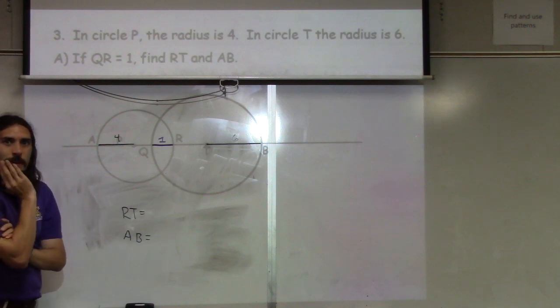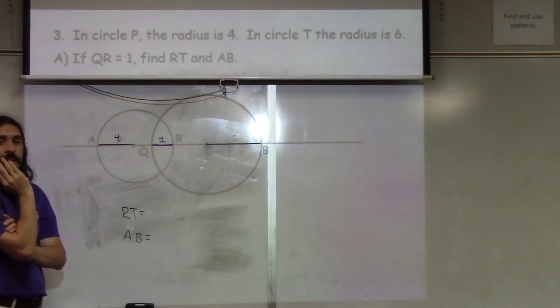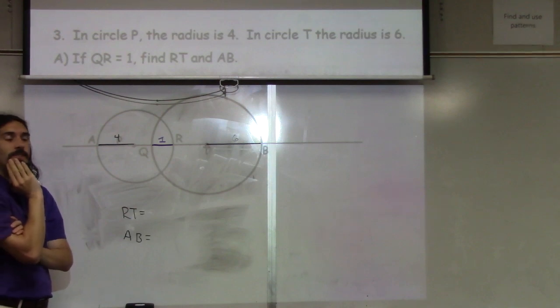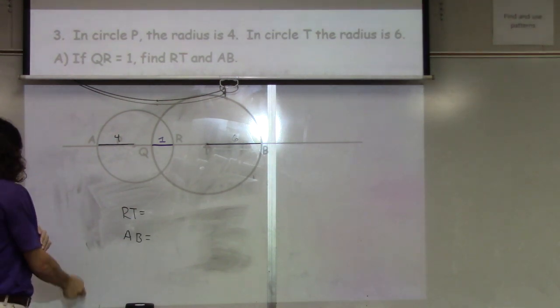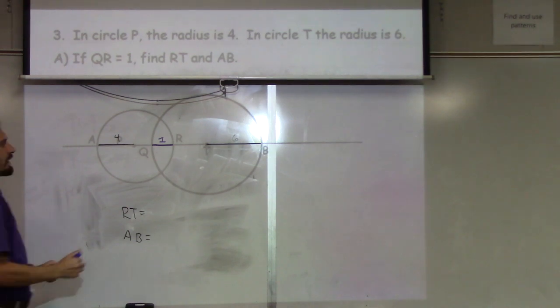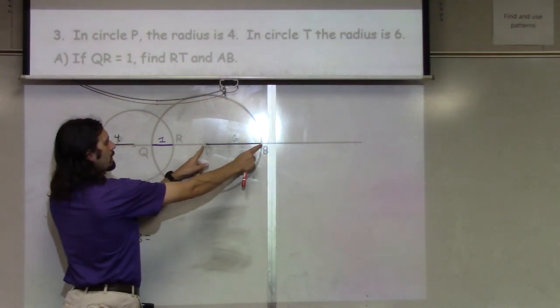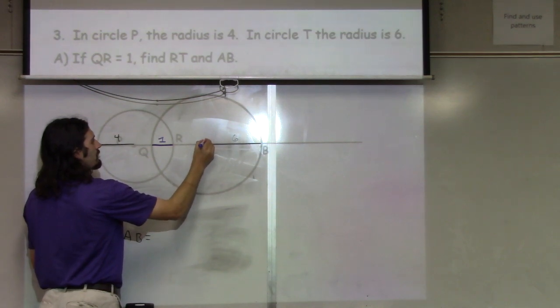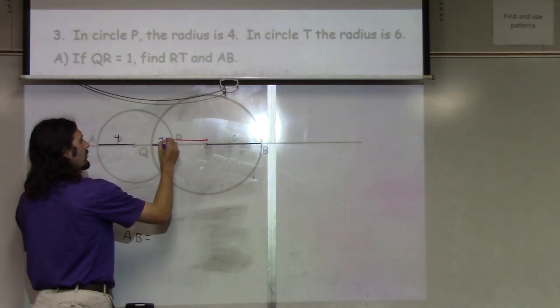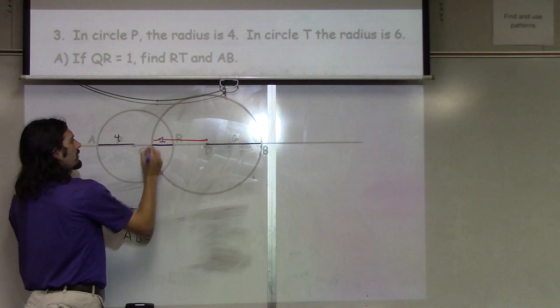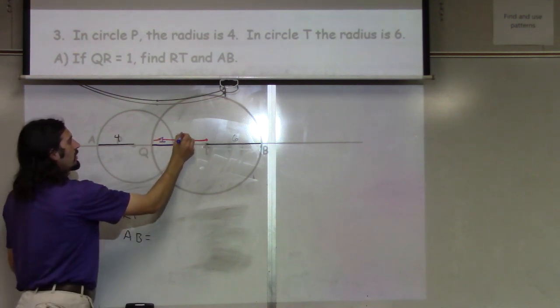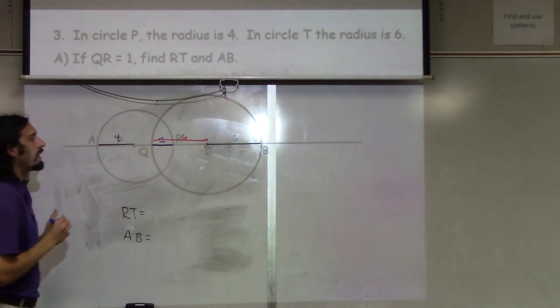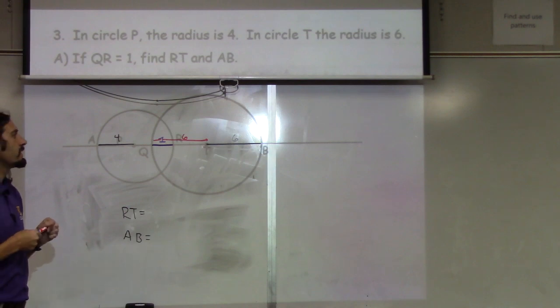Key that you need to remember. The radius can appear anywhere in your circle, as long as it's going from the center to the edge. So if I define the radius of circle T to be 6, if I go from center to the edge of the circle, that is also going to have the same radius of 6.